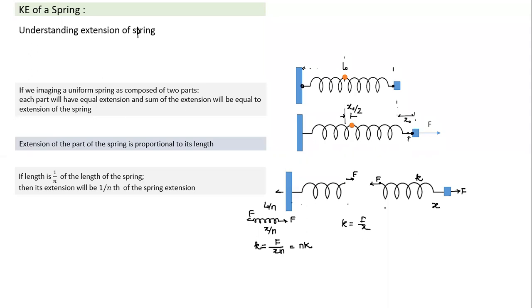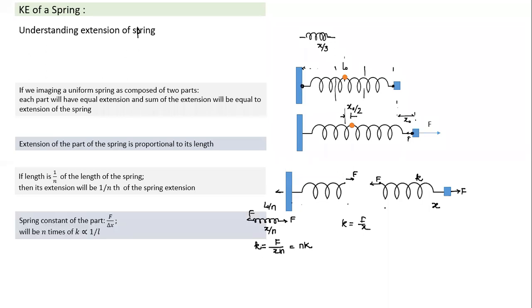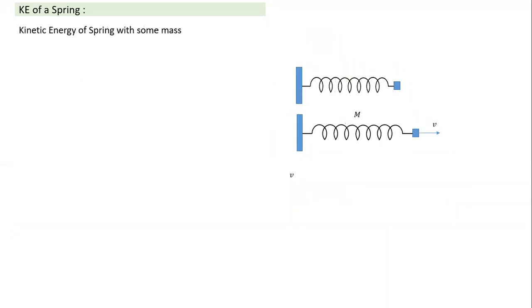I hope you have understood, because if I apply the same force on a spring I have cut into 3 parts, if I apply force F here, whatever extension the entire spring would have had at that force, this will have only 1/3 of the extension. Since the extension is 1/3 for a given force, the spring constant is 3 times. So the spring constant is proportional to 1 by L.